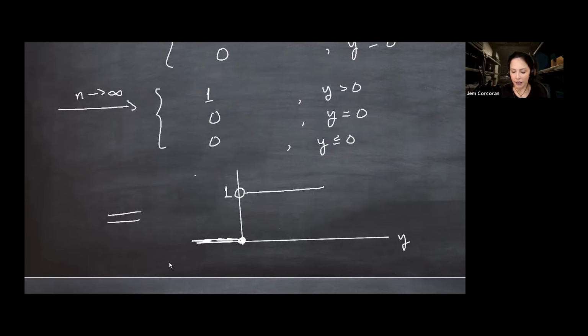It doesn't make sense to pop up just after 0. You have to pop up on numbers, which makes this a right continuous thing. So the point is that this is not a CDF because it's not right continuous.